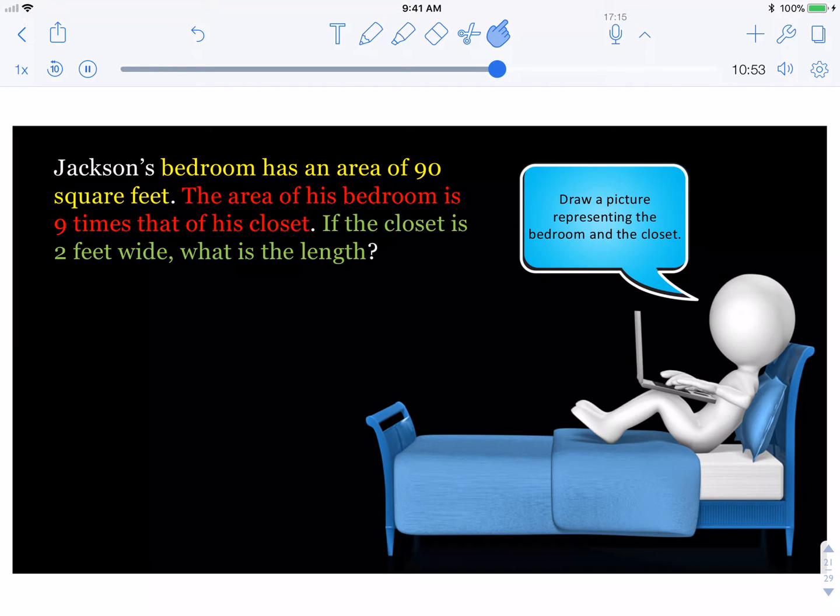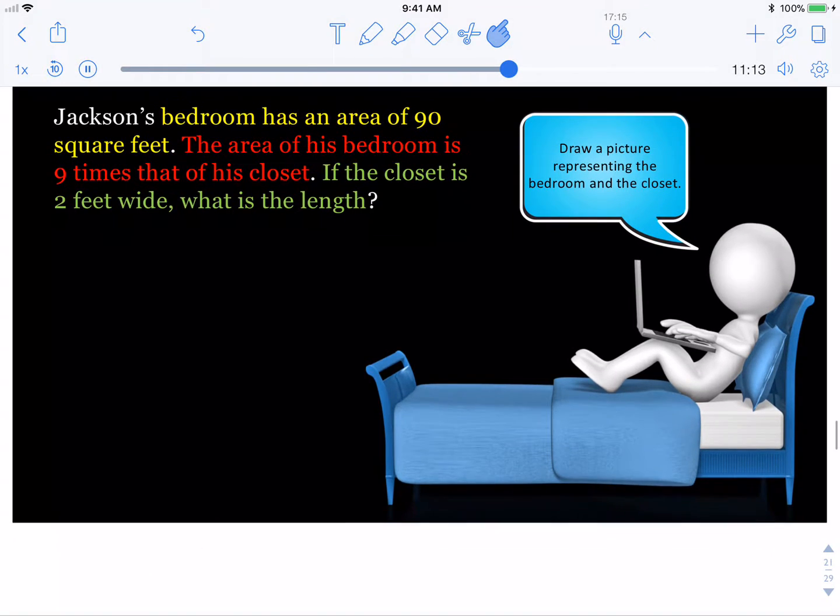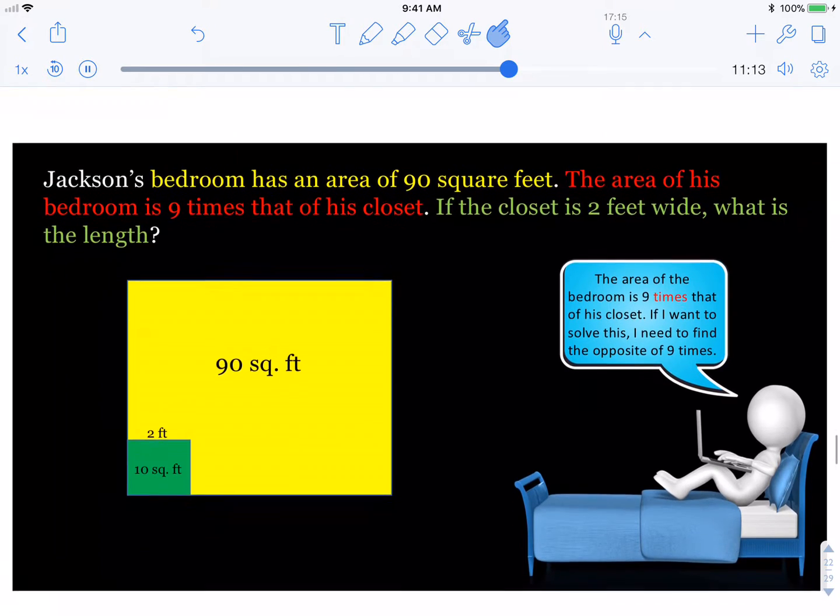So we know that the bedroom has an area of 90 square feet. The area of his bedroom is 9 times that of his closet. If the closet is 2 feet wide, what is the length? This is the area of the bedroom. The area of the bedroom is 9 times that of his closet.